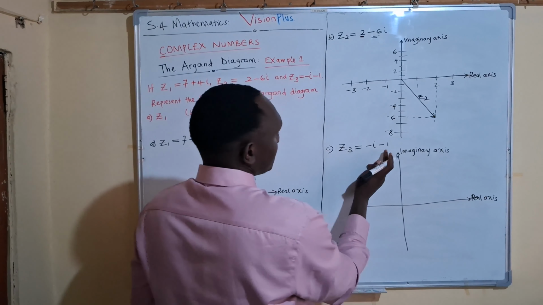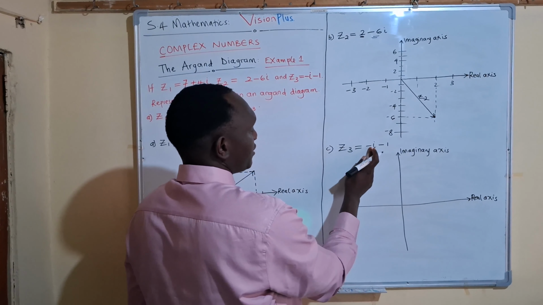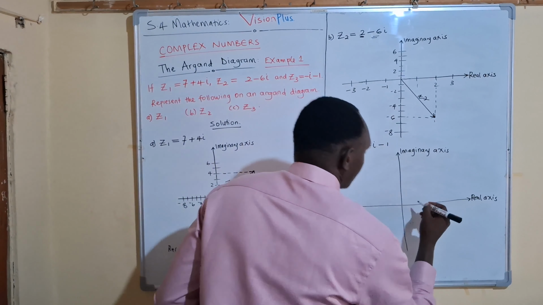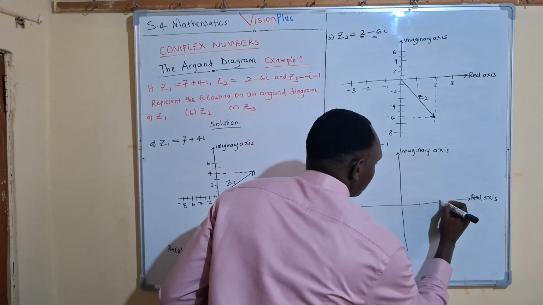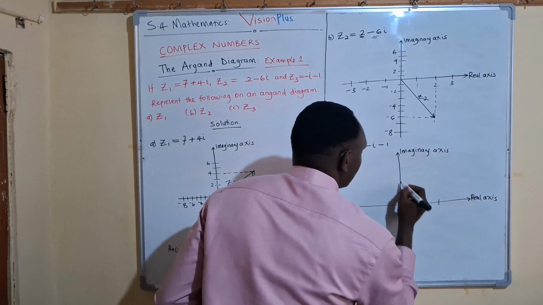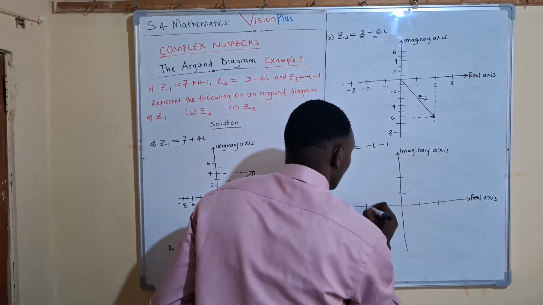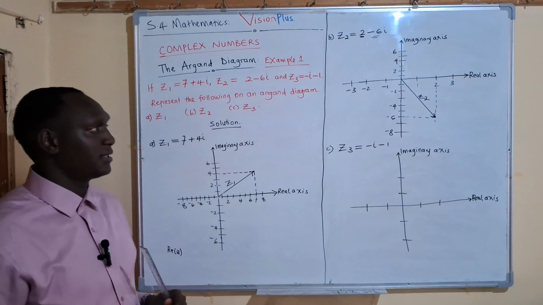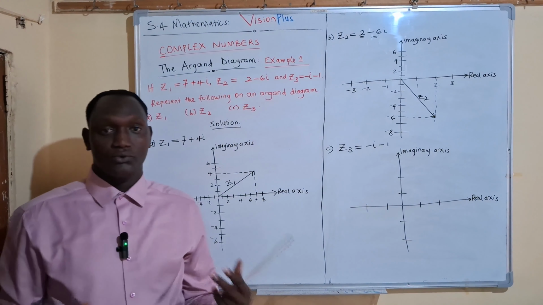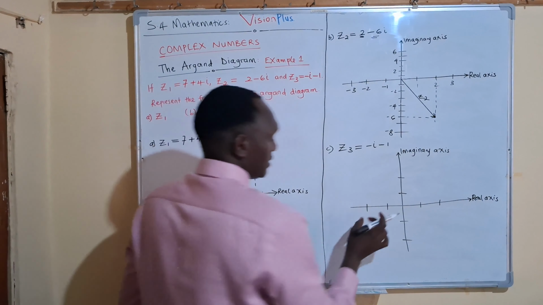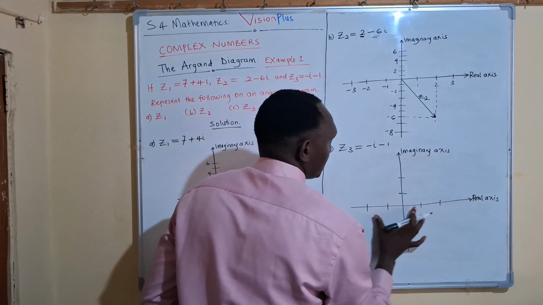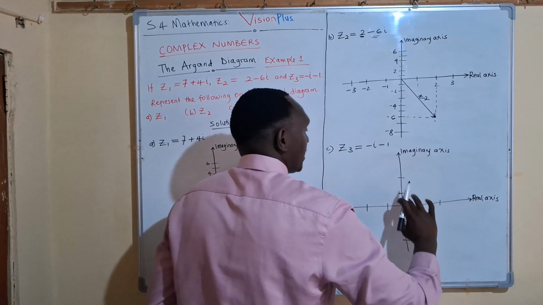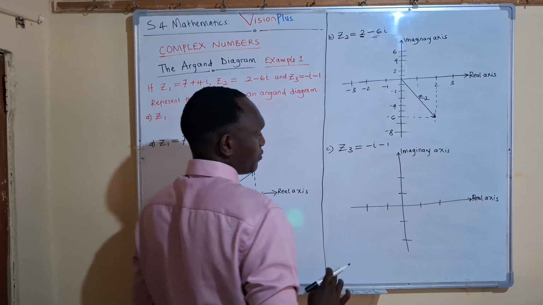Then if you look at the numbers, I'm seeing a negative 1 coefficient of y and negative 1 for the real part. So these numbers are small. So you can just say 1, maybe 2. Don't congest your work. And by now I know you know how to plot. The distancing between the points on the real axis should be equal, and the one on the imaginary side should be equal.